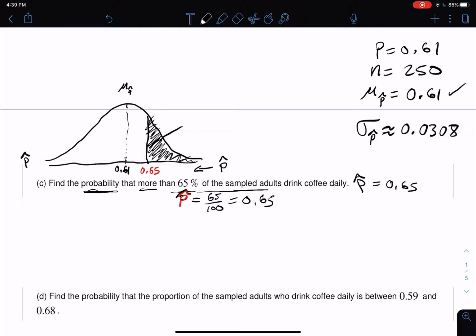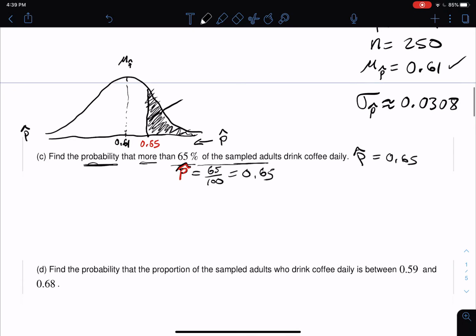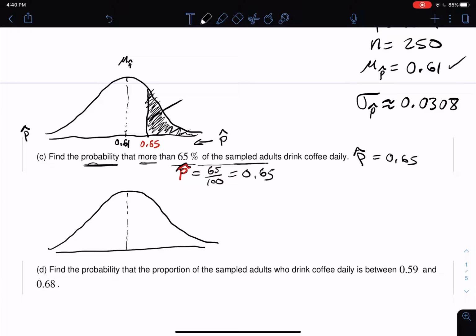So what I have to do is convert this into the same exact drawing, but instead of having p hats, it's going to have z-scores. So I'm looking for this right here.